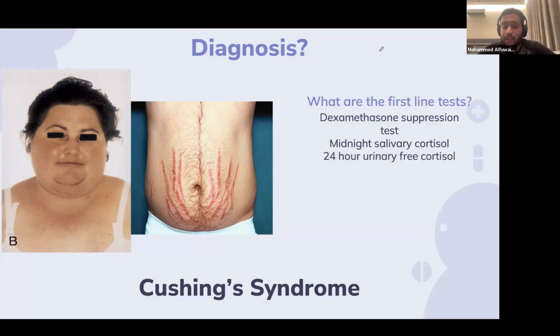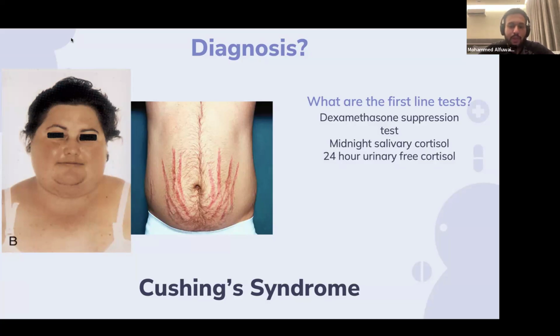Perfect. Okay. So yeah, midnight salivary cortisol, 24-hour urine free cortisol, and dexamethasone suppression test, which should be low dose dexamethasone in this case.